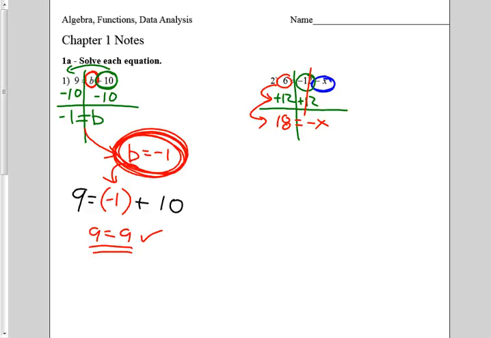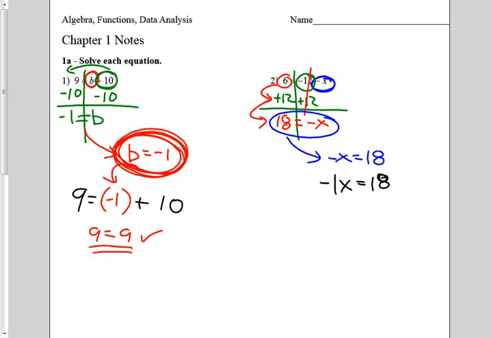We can use the same idea that if these are like this, we can write them backwards. But we've still got a little work to do here. I want to think of this as negative 1x, because the number in front of the x, if there is no number, it's just 1.